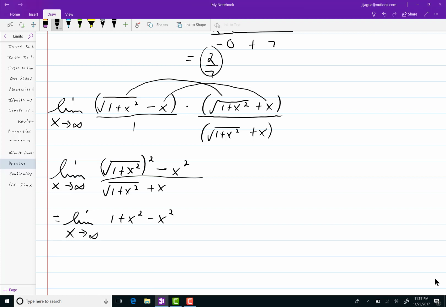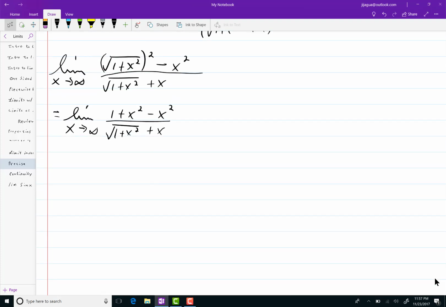I get 1 plus x squared minus x squared divided by the square root of 1 plus x squared plus x. The x squareds cancel out, and I'm left with the limit as x goes to infinity, 1 over the square root of 1 plus x squared plus x.